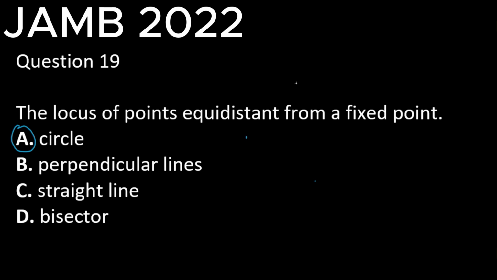But there are 4 loci to note. One of them is the locus of a point equidistant from a fixed point. Let me explain it. Suppose we have a fixed point A, and we need a distance of 4 centimeters from A. So we'll use the compass.